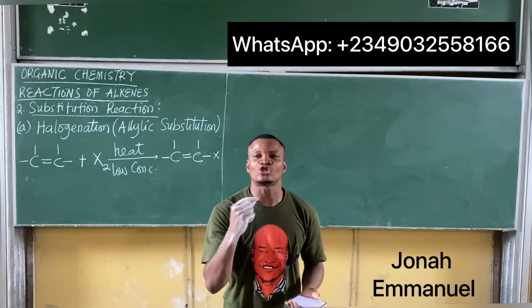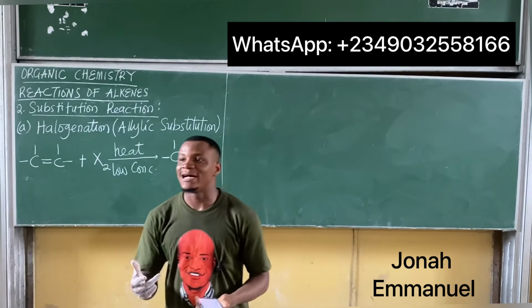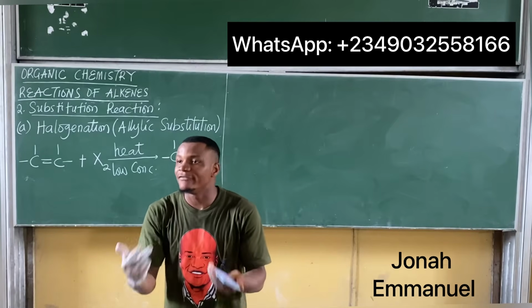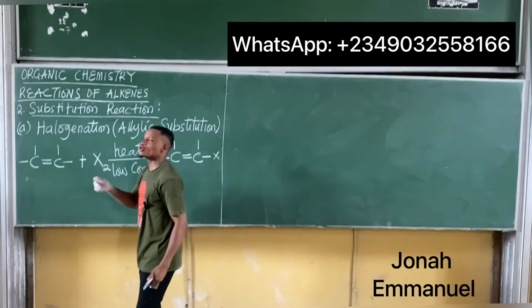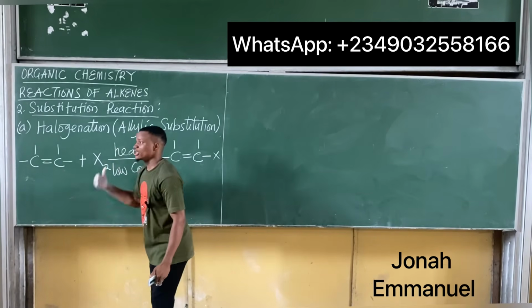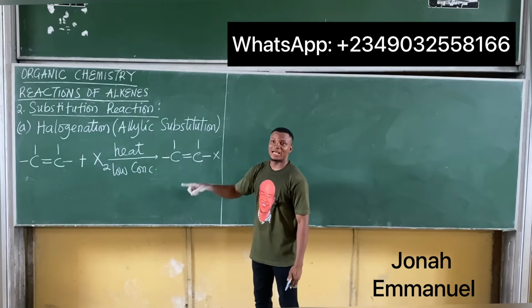For a substitution, the word says substitute. If I have 11 players on a field and I substitute, how many players will be on the field? Still 11, no matter how many changes. So if I have a double bond undergoing substitution, it will not break down to an alkane. It will still be an alkene. That's the difference between addition and substitution.